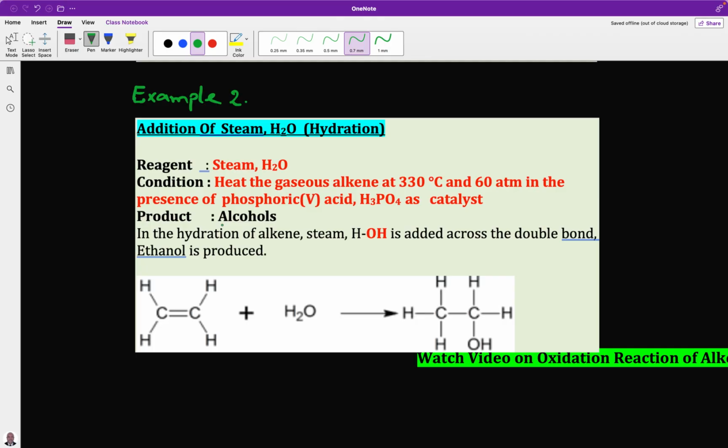Of course, the product is an alcohol that is usually produced. So in the addition, steam is hydrogen and OH.